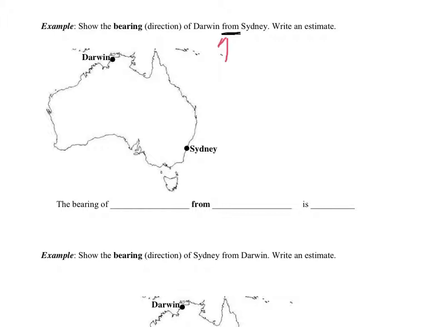Now, the key word is from, and it's from Sydney. So that means our direction is being described from Sydney. Now, draw your compass in at Sydney. Now the direction we're talking about is from Sydney to Darwin.